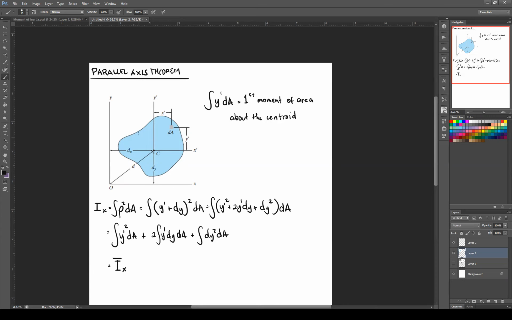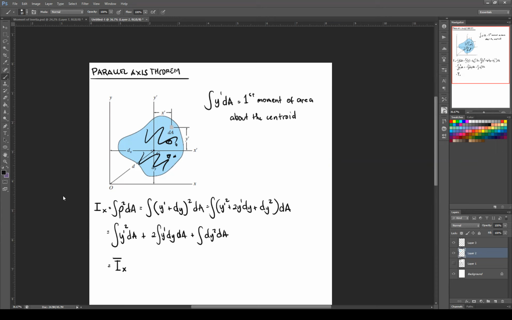Looking closely, this is your area, and this is your centroid. If this is the centroid, that means this axis divides your area into two equal areas. Even though it doesn't look the same, it's still equivalent to two equal areas. Now, if you take the summation of y times dA, where y is positive above the x-axis and negative below the x-axis, this plus this, your differential areas here, one is positive, one is negative, and it all comes out to 0.